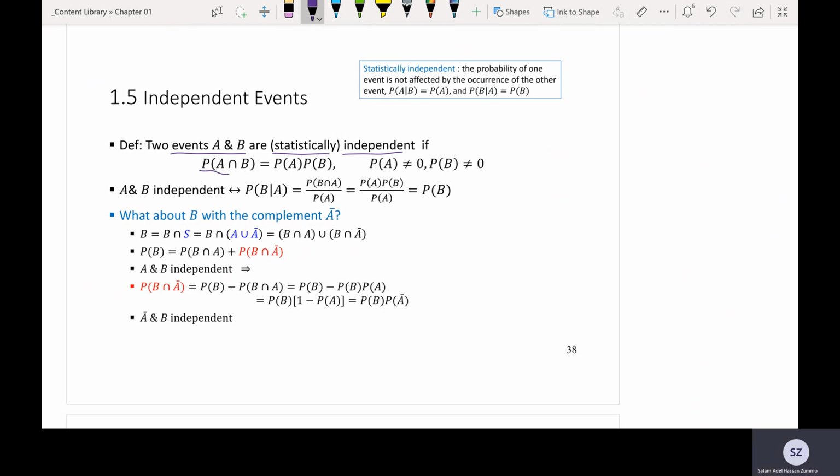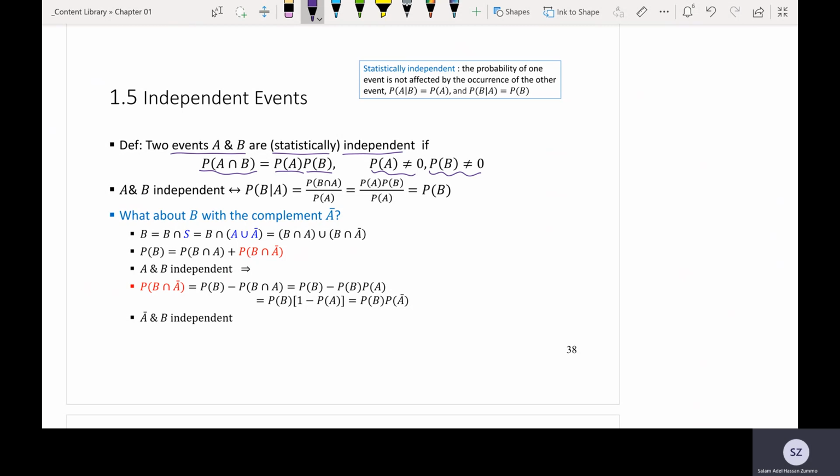This holds if the probability of A intersect B equals the probability of A multiplied by the probability of B. We'll give an example. However, this is given that both of them are possible, so the probabilities of A and of B are not zero.